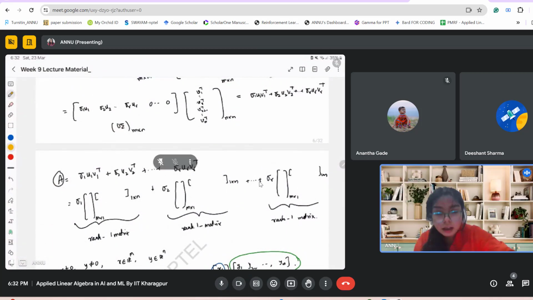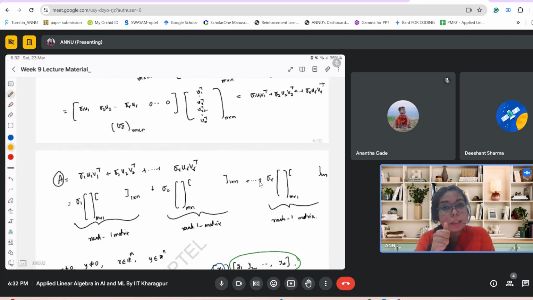Okay, so sorry, in between my internet got disconnected. We were talking about singular value decomposition. This U and V are very important matrices. Both U and V are orthogonal in the sense that we are taking only the eigenvectors of A transpose A and A A transpose, which are themselves orthogonal matrices.